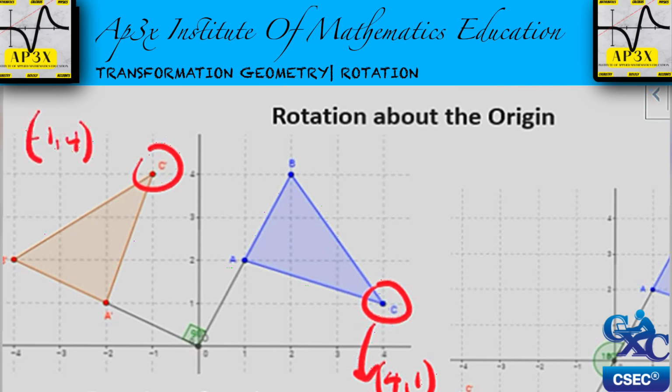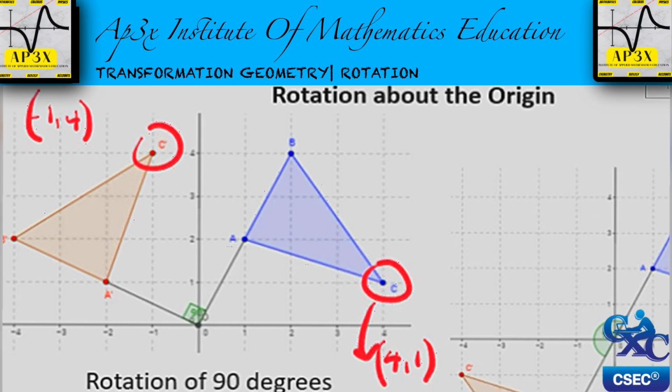Based on what we had just discussed, there's an interchange in the position of the ordinate values, but the y changes. So 4 actually went to the back and remains 4, but the 1 came to the front and also changed, becoming -1. That is how you know that a rotation has taken place.